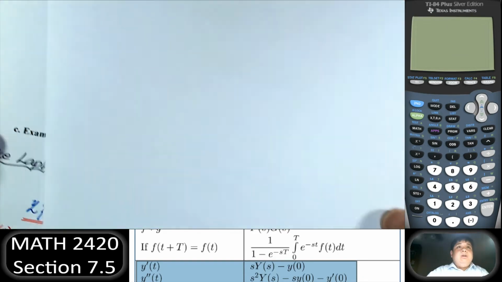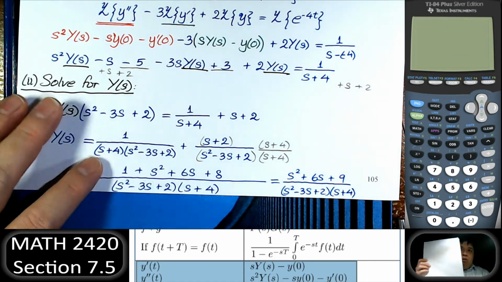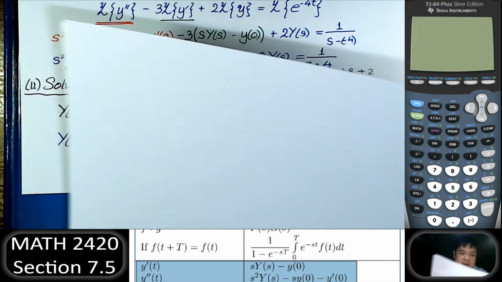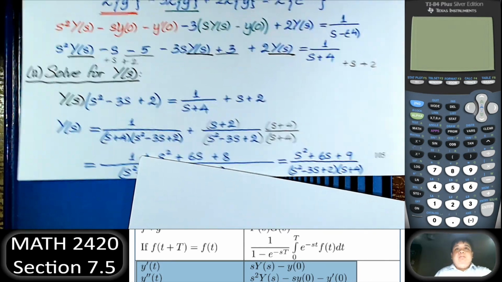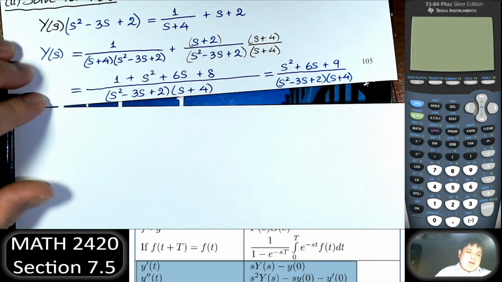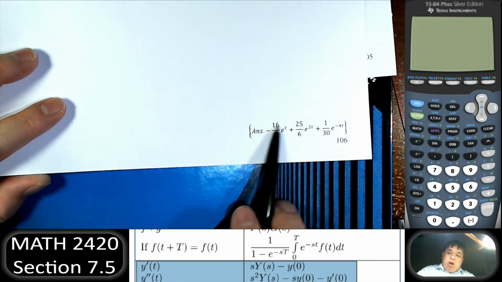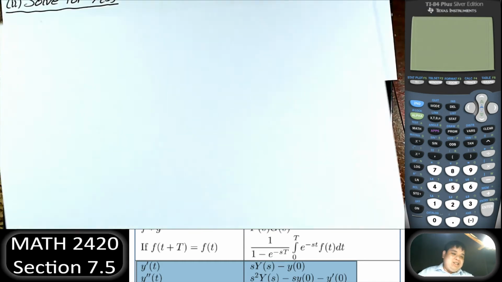So Laplace transform, then solve for y sub s, and after that, of course, we take the inverse Laplace transform and get back to the function. That's pretty much all we do. By the way, I wrote the solution here, so we should get that.